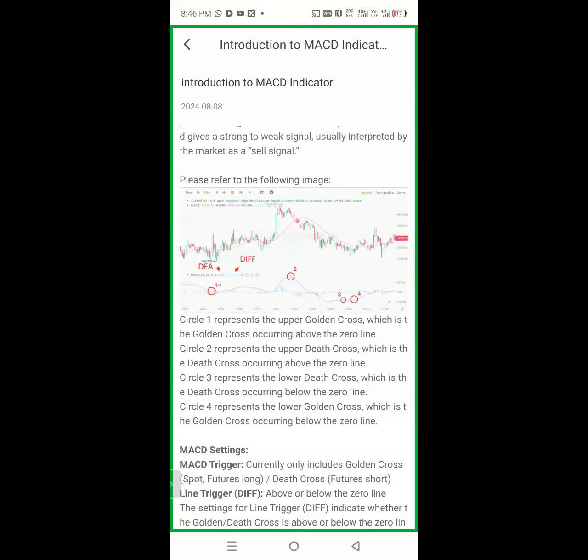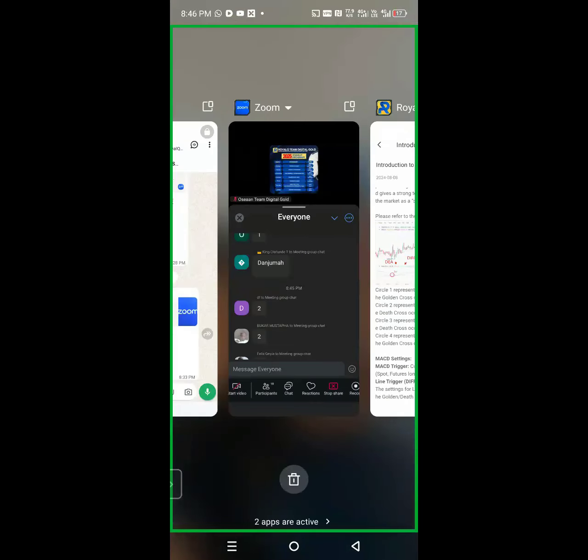Which death cross should happen that you'll be confident to enter a short trade? If you have the answer, you can unmute yourself, raise your hand, or use the chat.